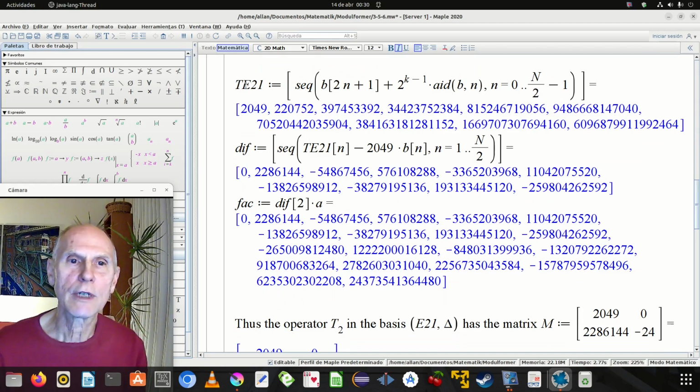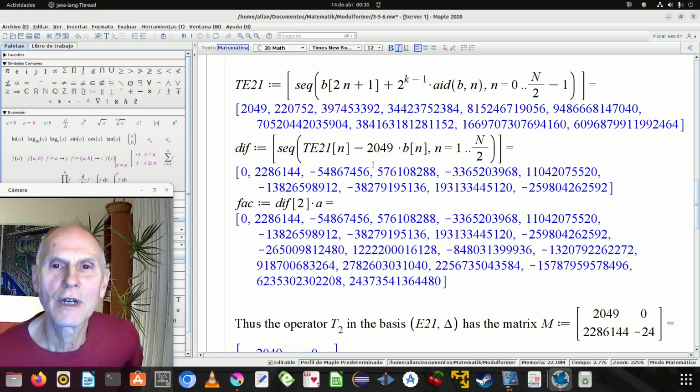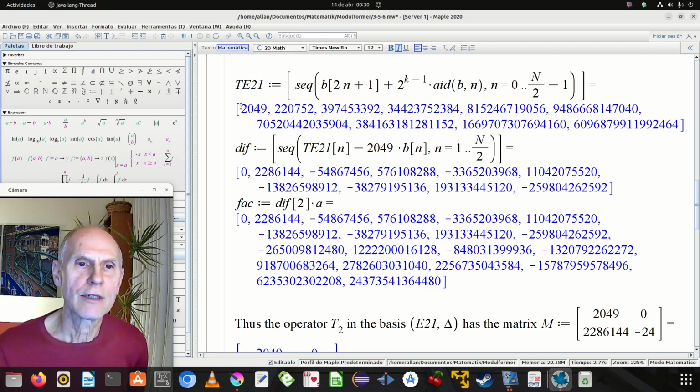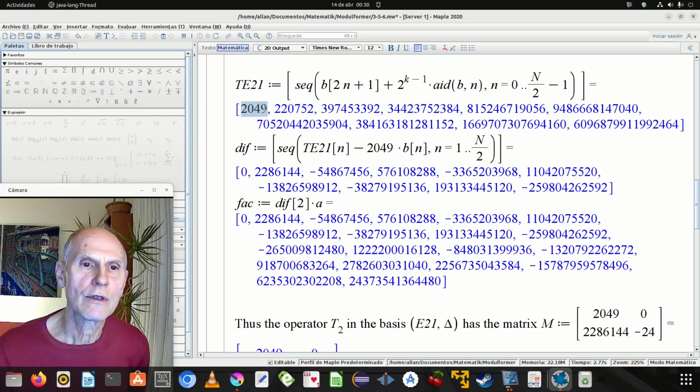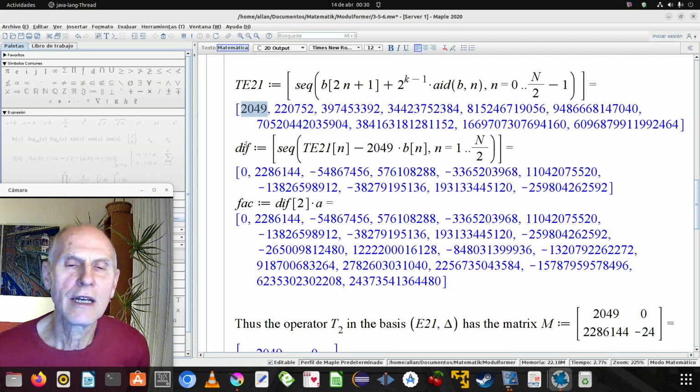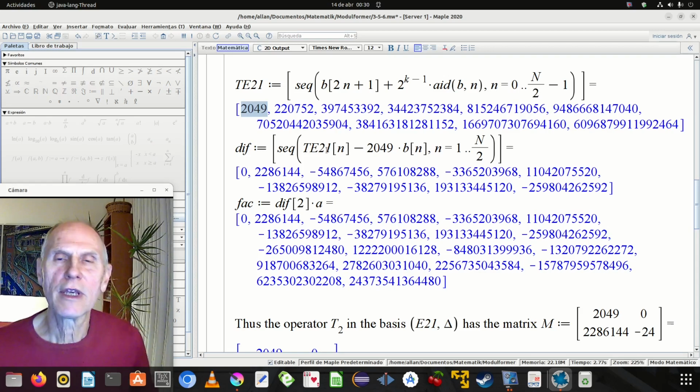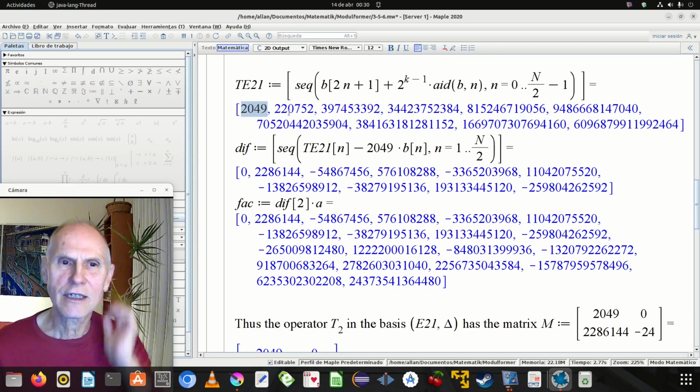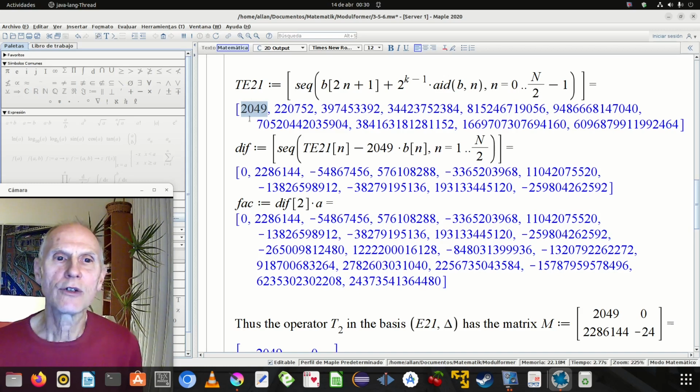I call it E21 for not wanting to call it E12, of course. It's 2049 times b, and we already knew that that should be the eigenvalue of the Eisenstein series, being 2 to the 11th plus 1.